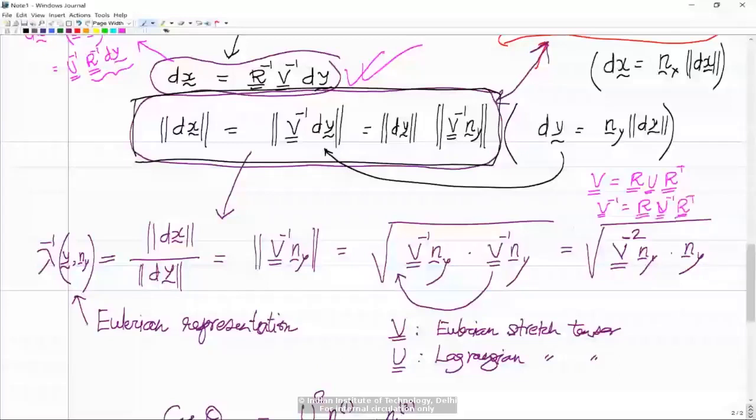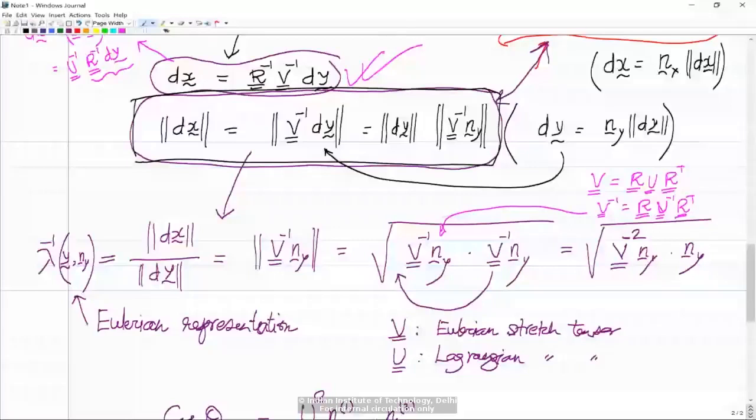So you might think of substituting v inverse in terms of u inverse. You can do that, but you see you have that nasty r also appearing. That is something you are not liking. So directly in terms of v it is simpler.